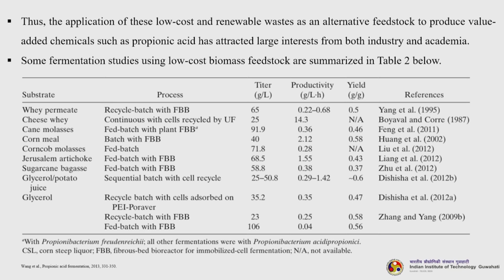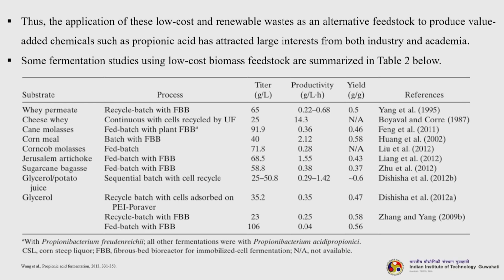So, let us just see 1 or 2. Whey permeate, okay, a recycle batch with fluidized bed process, right. So, the titer is 65 grams per liter, productivity is 0.2 to 0.68, it is of course less compared to the theoretical one, yield is 0.5 grams per gram.